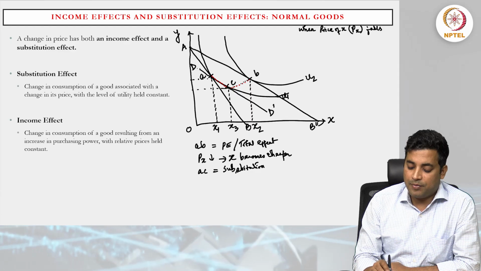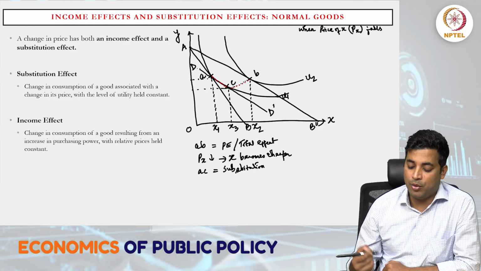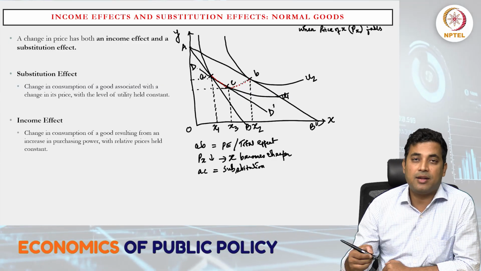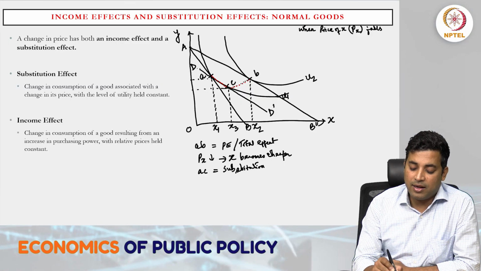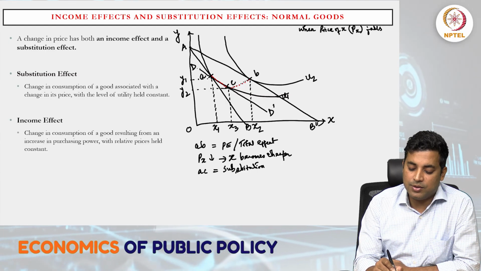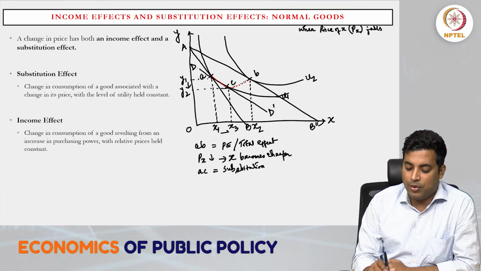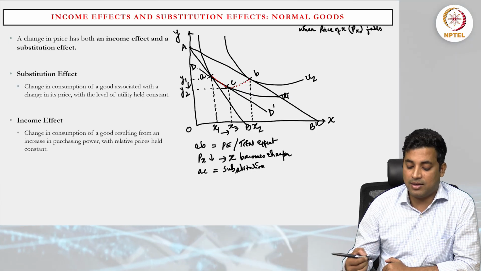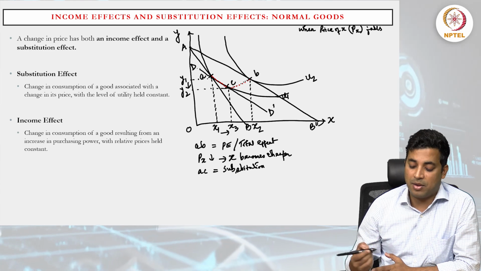and therefore, even though I am buying more of x because there is a fall in the price of x, one can also see the quantity of y reducing, from y1 to y2, while we have more of x, from x1 to x3, due to the fall in price.